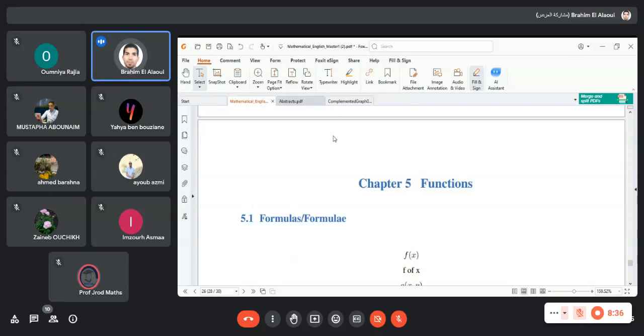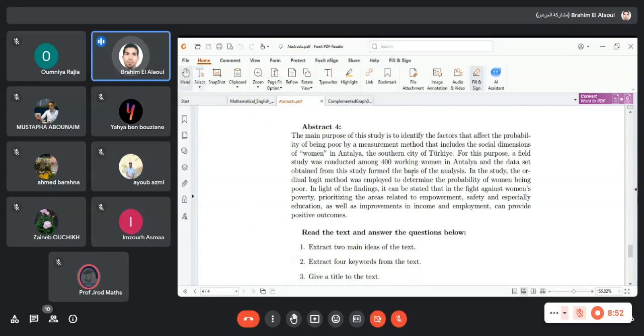We saw what the components of a scientific paper are, and we even studied an abstract of a scientific paper last time. So what we have to do today is this exercise here.